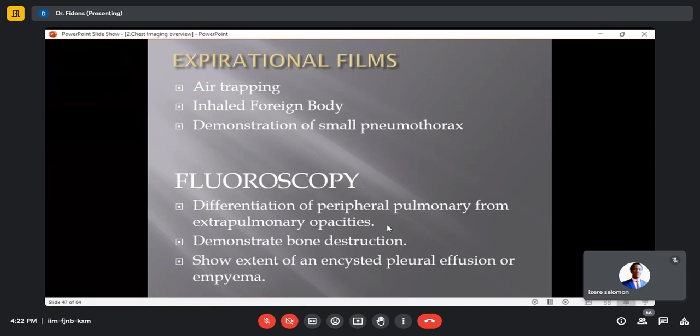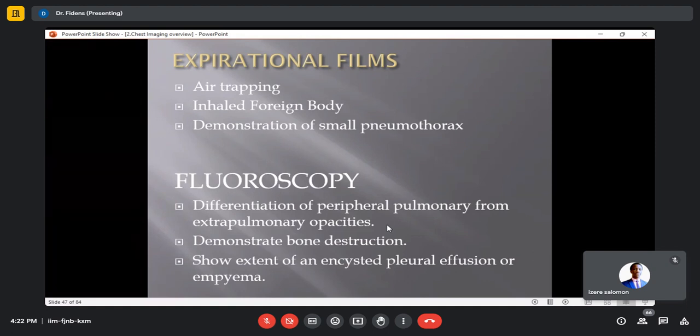In the case of TB or another infection with pus, the pleura is thickened, and it can cause a scar. When there is a scar, the fluid is trapped in the cavity. That's what we call encysted or loculated pleural effusion.